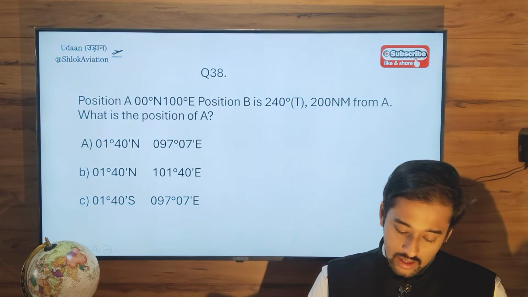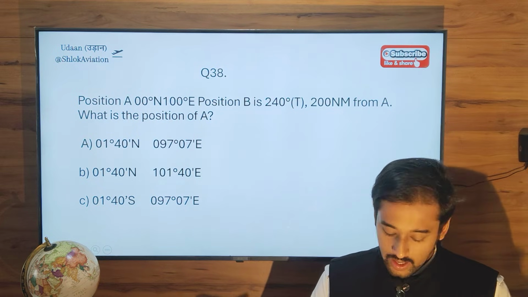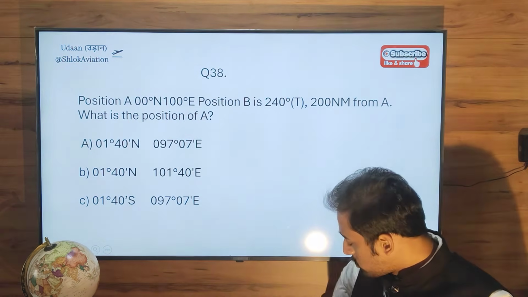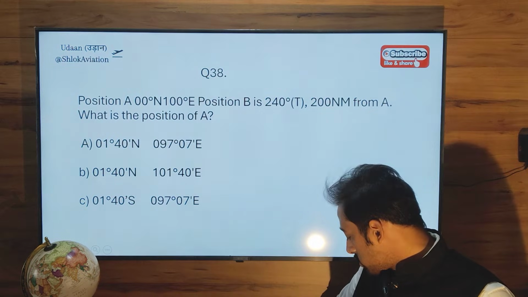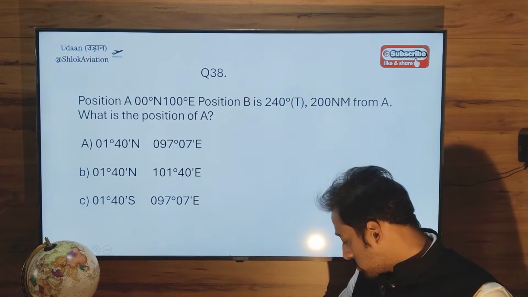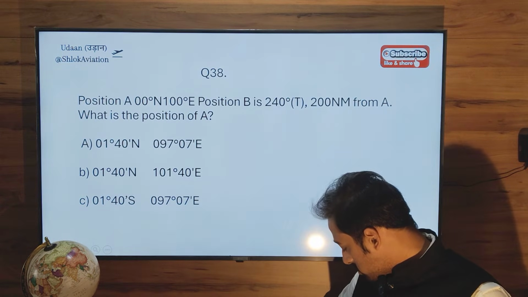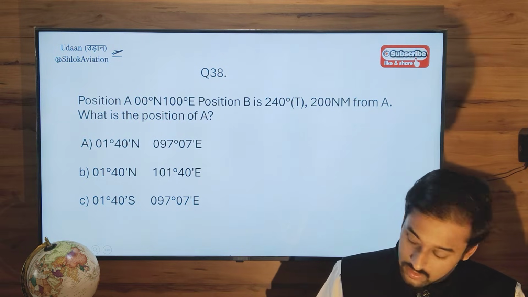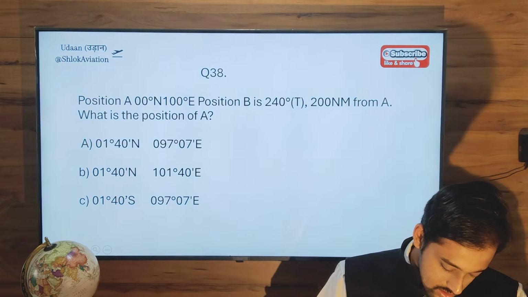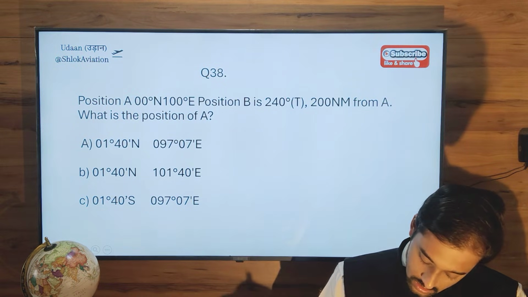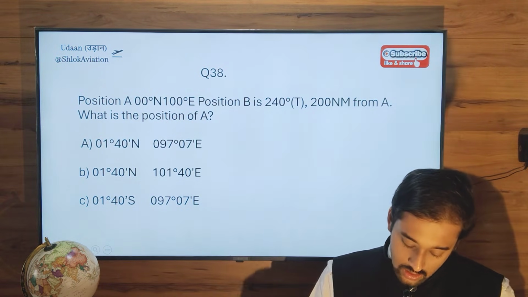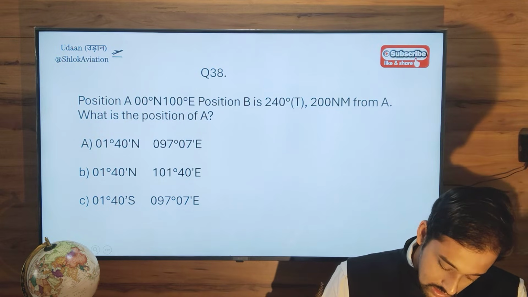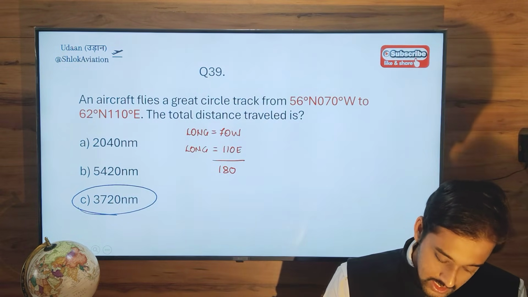Position B is 200 nautical miles from A, and you have to find the position of B. So this was 39, this is 38.